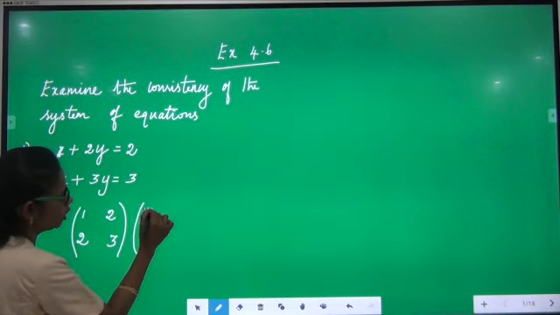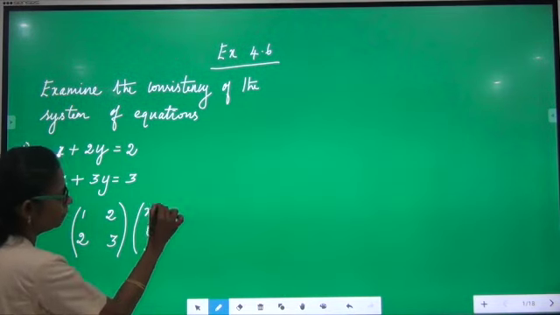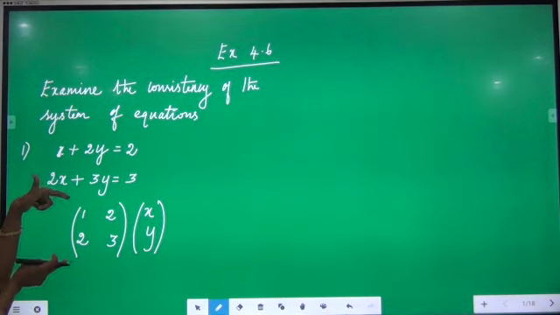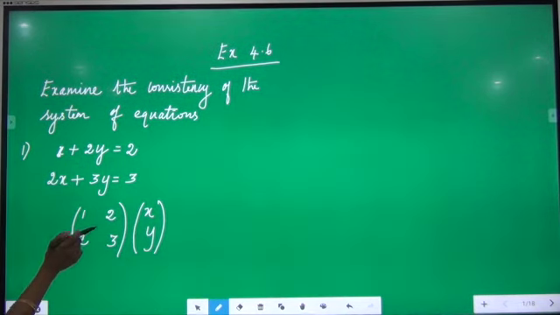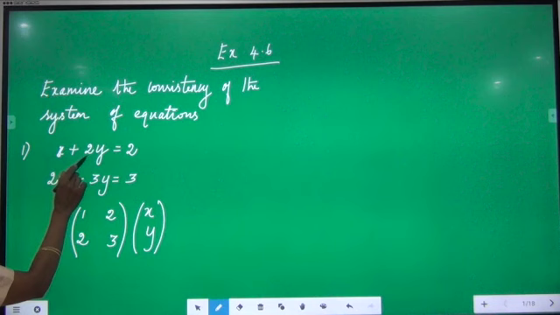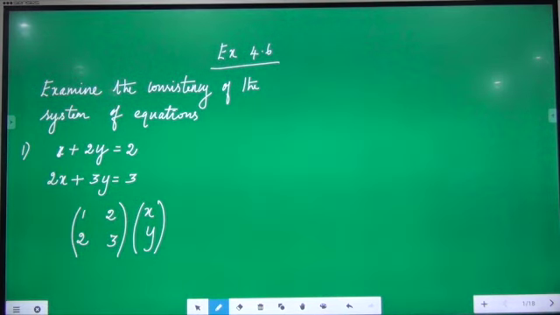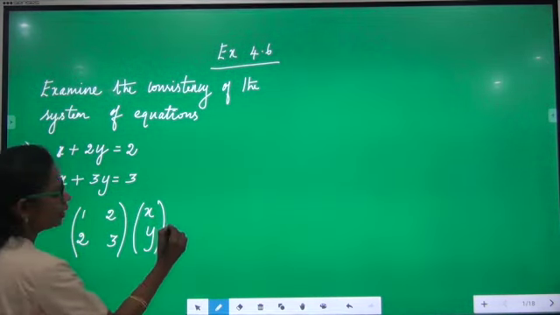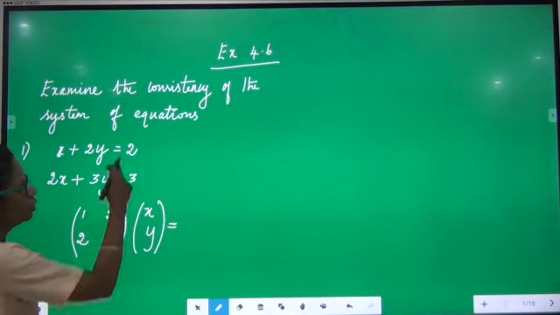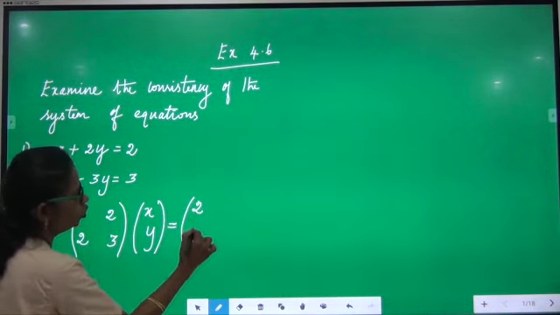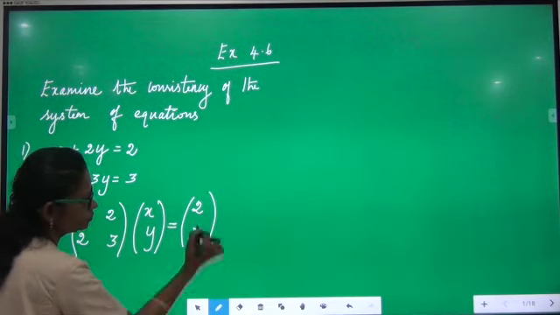So that should be in a column matrix. The coefficient of x in the first column, coefficient of y in the second column. The variables x and y should be in the column matrix equal to the constants, that is 2, 3.